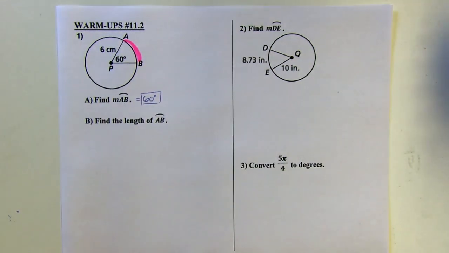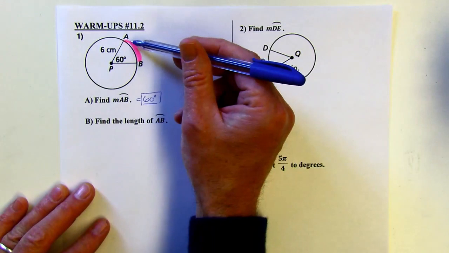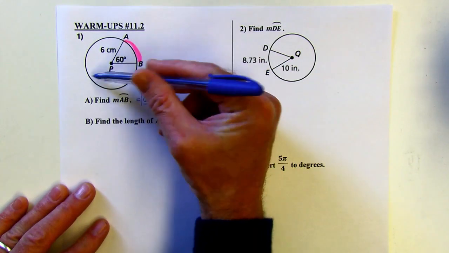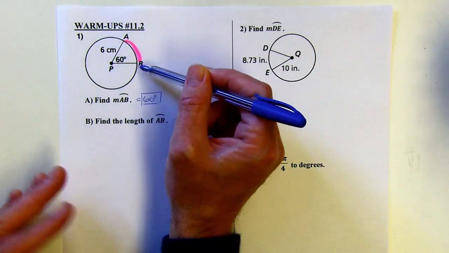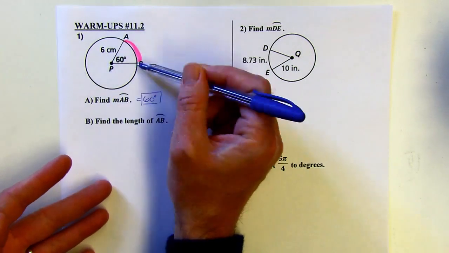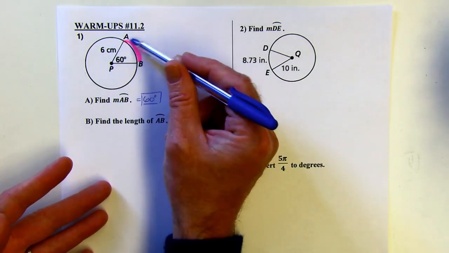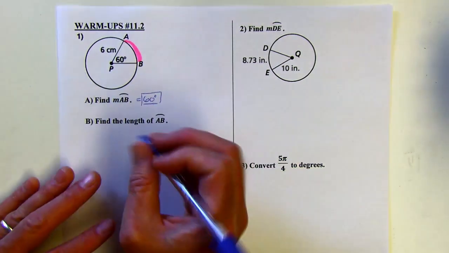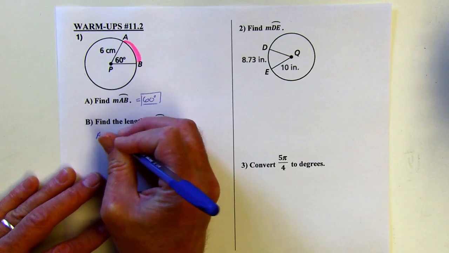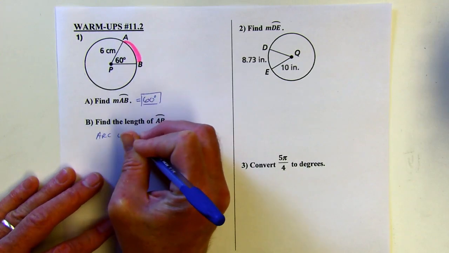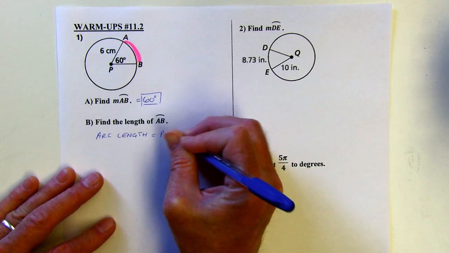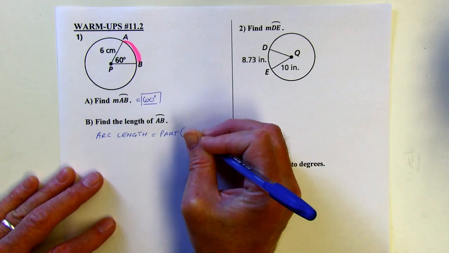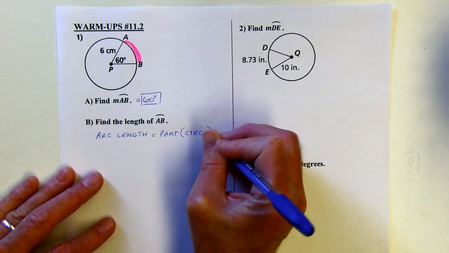Okay. So what I want to do is I'm thinking about this piece of crust as part of the whole circumference, right? If you took the entire crust of the whole pizza, that's going to be the circumference of the circle, but this is just part of the circumference, okay? So my arc length formula, I always think of it as just part of the circumference. Okay?